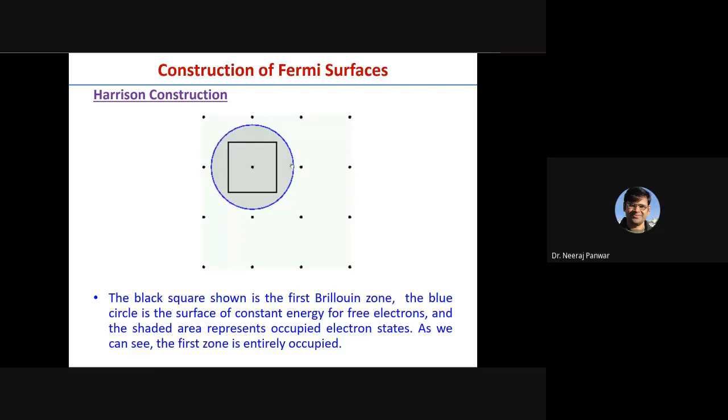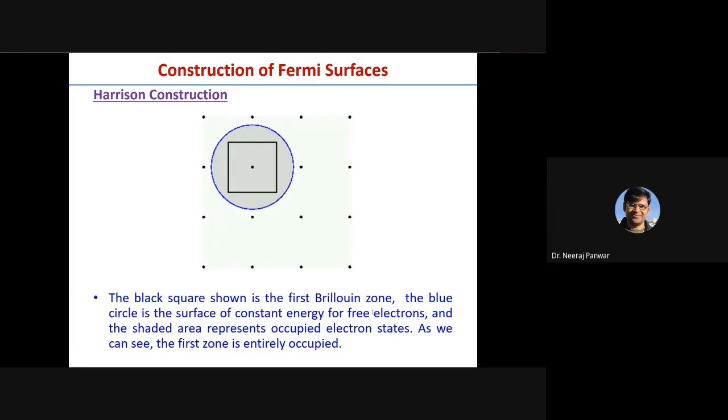The radius of this circle depends upon the concentration of electrons present. The black square is the first Brillouin zone, the blue circle is the surface of constant energy for free electrons, and the shaded area represents occupied electron states.